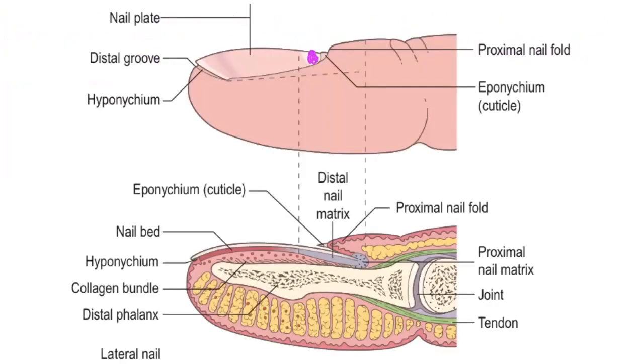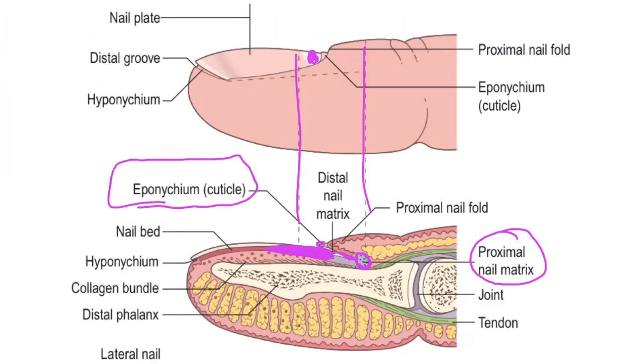You see, this is the proximal nail matrix. This one is intermediate, and beyond intermediate is the distal nail matrix. You see the cuticle or hyponychium, right?